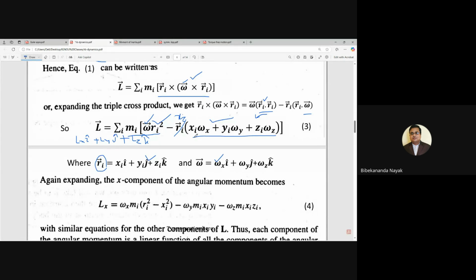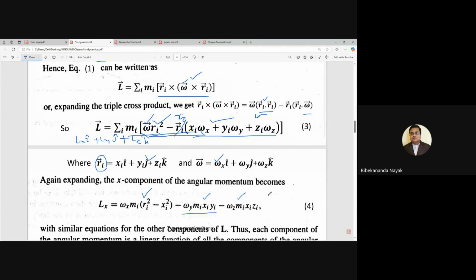So xi whole into this: xi square omega x plus xi yi omega y plus xi zi omega z. Okay, so I write, taking omega x common from these two terms, omega x mi (ri square minus xi square), minus omega y mi xi yi, minus omega z mi xi zi.